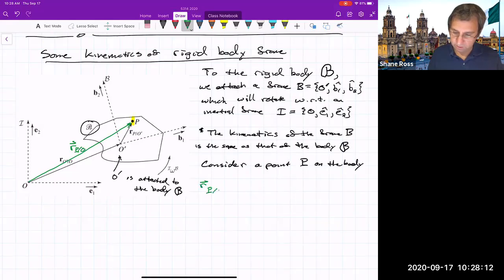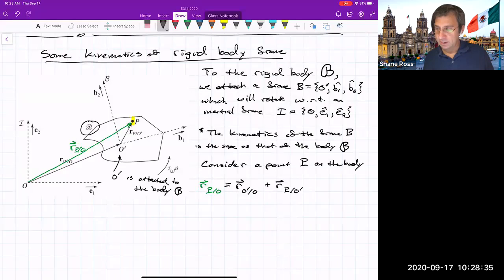The location of a point P on the body with respect to the inertial origin is equal to the location of the origin on the body, O prime, with respect to O, plus the location of the point P with respect to O prime. The green vector equals the sum of the two black vectors.